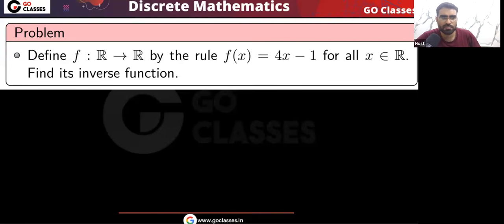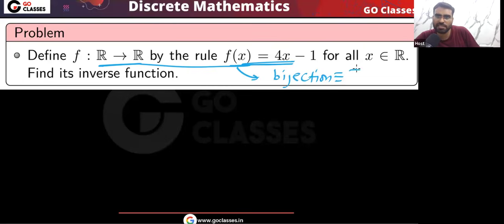What about this question? You can check it. Is this invertible? First of all, this function from real numbers to real numbers is actually invertible. This is actually a bijection, and bijection is the same as invertible. You can take it as homework and check it. Now we have to find the inverse function. The method I've already told you.